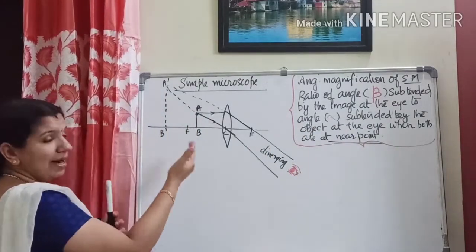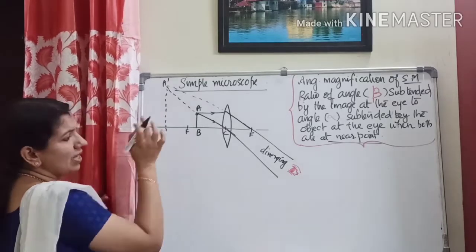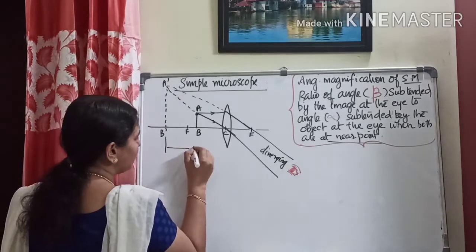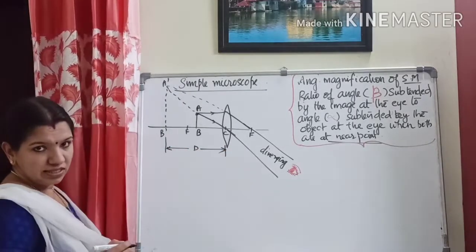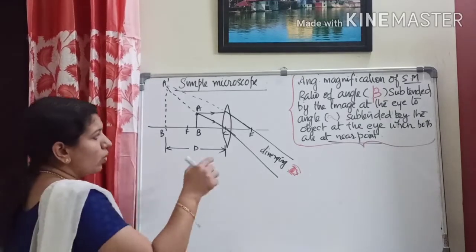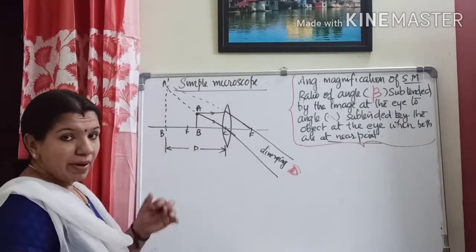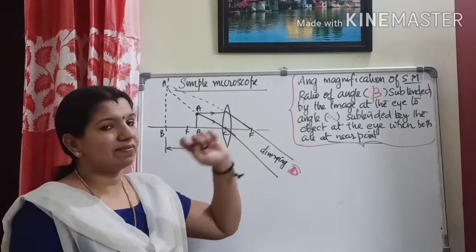The object and the image should be at the near point. Anyway, this is the condition where the image is found at the near point. So, you can represent this distance as D. D is the least distance of distinct vision. Clear? Now, you are assuming that this object is also at the near point. By assuming that the object is also at the near point, you are going to derive the expression.